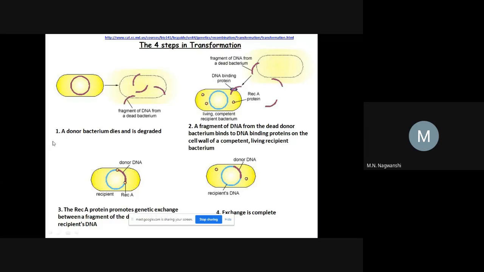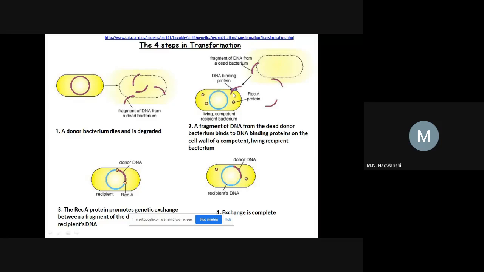The first step is that a fragment of DNA from a dead bacterium is obtained. That is, the DNA from the bacteria is isolated and fragmented. Then this fragmented bacterial DNA is released in the culture medium. Then the bacteria has a receptor protein that binds with the foreign DNA molecule.